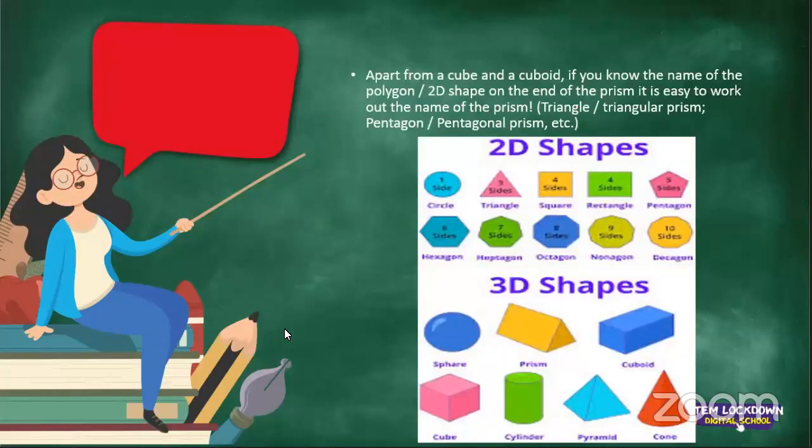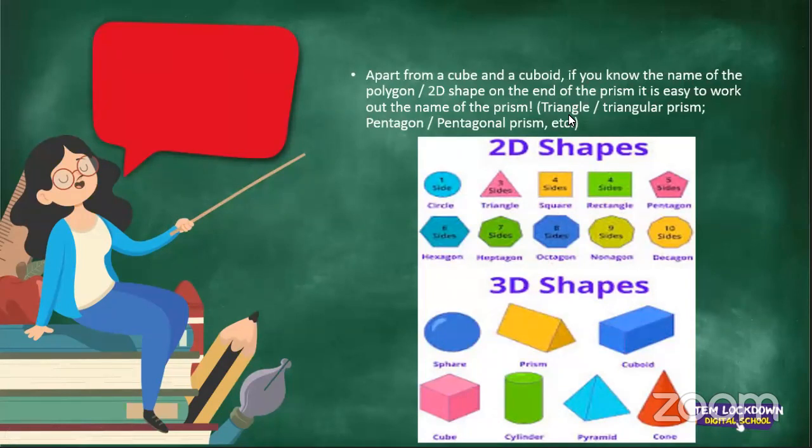So if I know my 2D shape, then I will be able to identify a prism and say, this particular prism, because of the shape of its ends, is a particular prism.